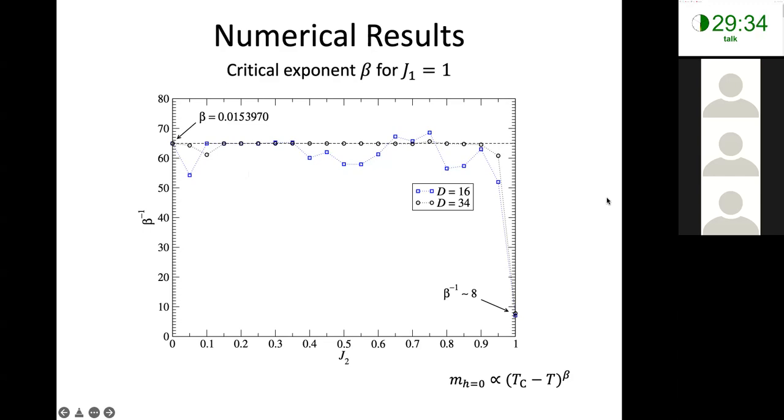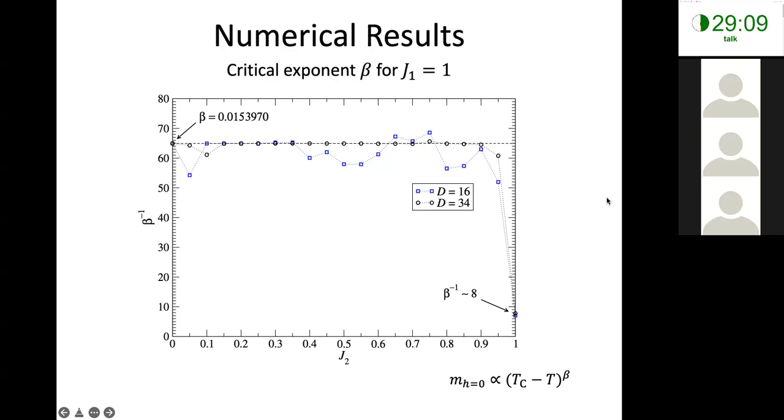And we can also look at the convergence to verify that this is indeed correct behavior. So let us go very close to the square lattice case, when J2 is equal to 0.99.